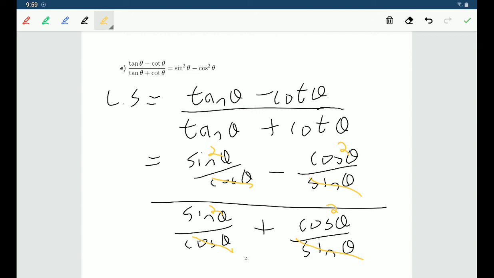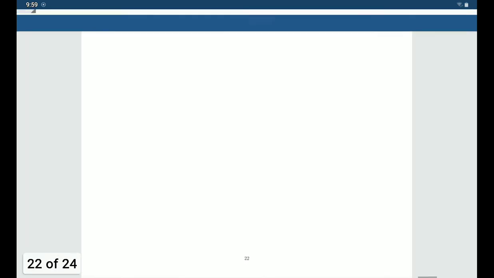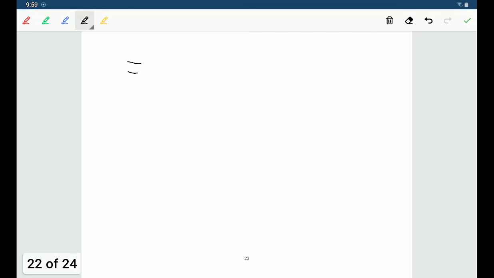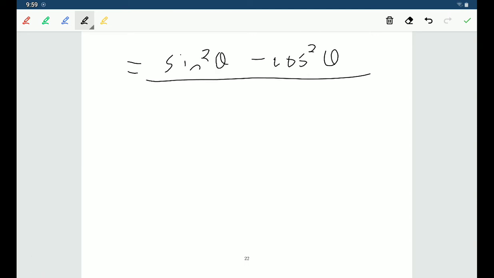So when we multiply top and bottom by sine and also by cosine, what we wind up with is, on the top, sine squared minus cosine squared, and on the bottom, sine squared plus cosine squared.